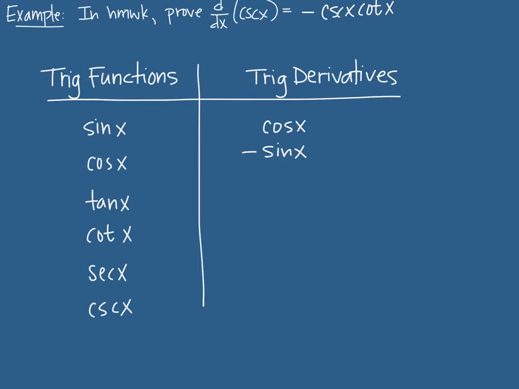I've proven to you twice now that the derivative of tangent is secant squared. And then you will prove that cotangent has a negative derivative, and it's negative cosecant squared. So you'll prove that, and that's the second pairing of derivatives.